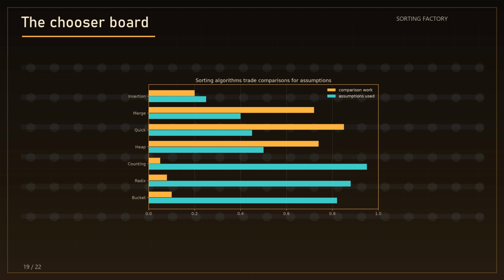Have a small known integer range? Think counting sort. Have fixed length digit keys? Think radix sort. Have fairly uniform numeric data? Think bucket sort. This is why production libraries often combine ideas instead of worshipping one algorithm. They switch tools when the input shape changes.